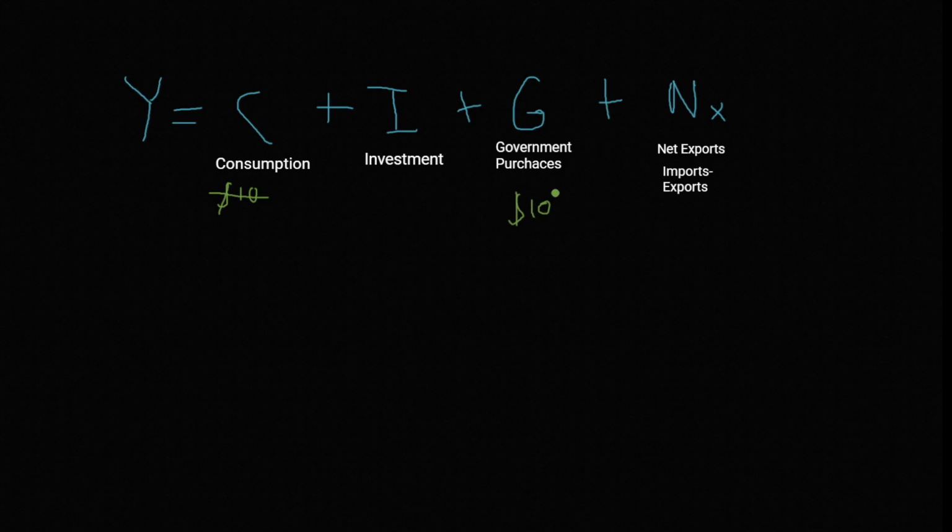Now I buy a desk made in China. Here we have $10 in consumption because I buy a desk in America, but the desk is made in China, so it is not impacting our GDP. It will go to China's GDP. So there is a net change of zero in GDP here.